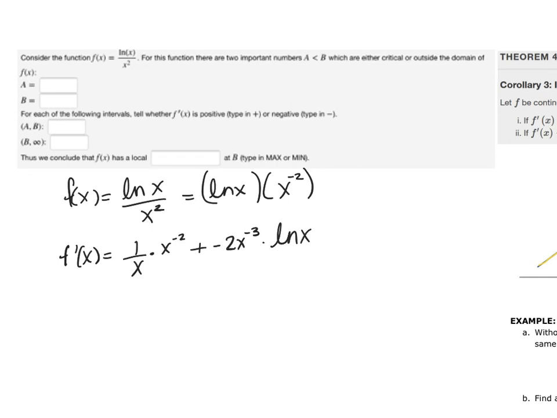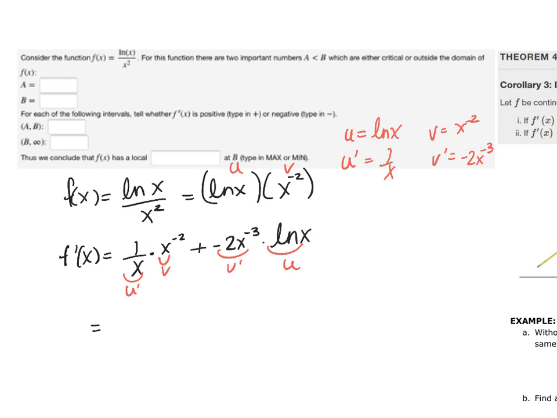So what I'm doing in the product rule is this is u, this is v, where u is equal to the natural log of x, u prime is equal to 1 over x. v is equal to x raised to the negative 2, v prime is equal to negative 2x raised to the negative 3. So this is u prime, this is v prime, this is u, just as a reminder of what I'm doing.